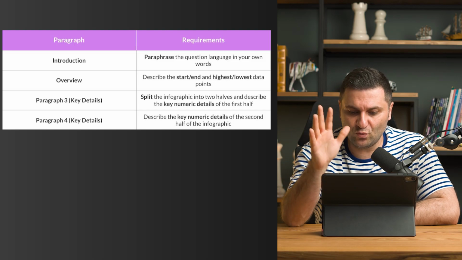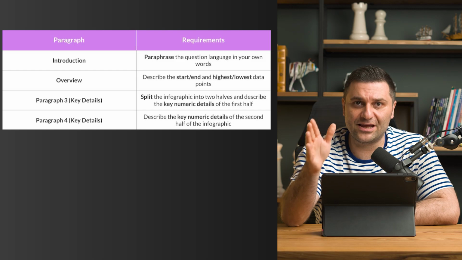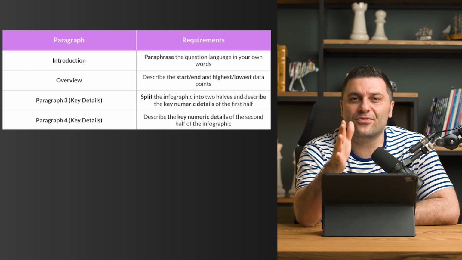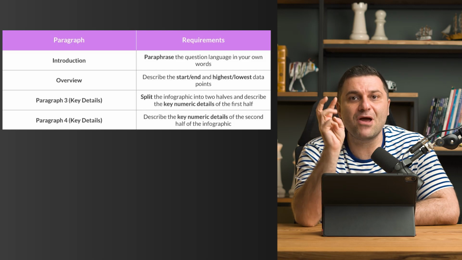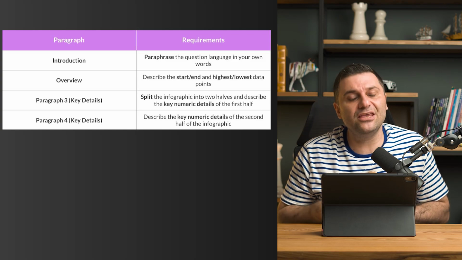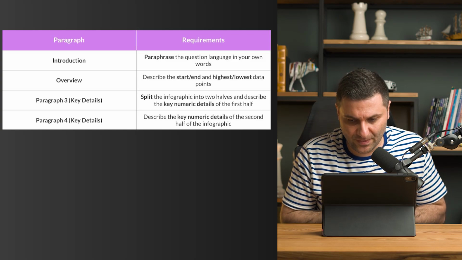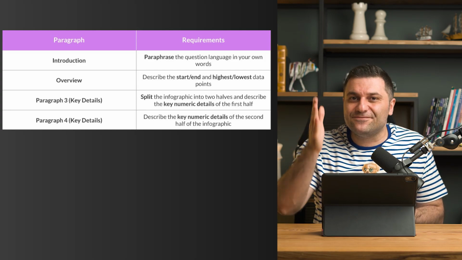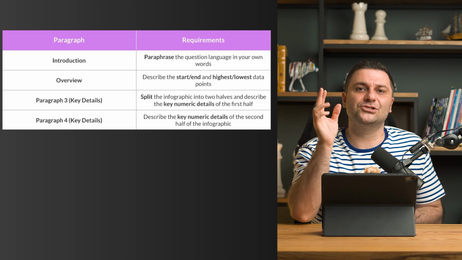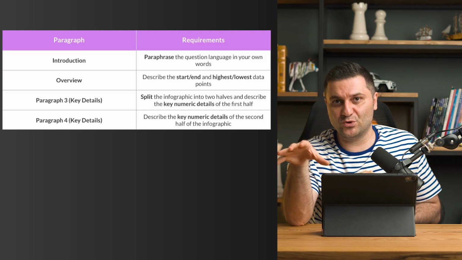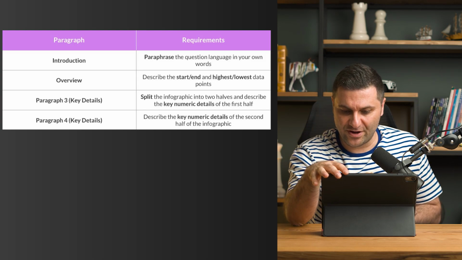What we do in paragraph 3 and paragraph 4 is that we split the infographic into two halves, and describe the key points and key numeric details in the first half and the second half. So this is what we do in our third and fourth paragraph.